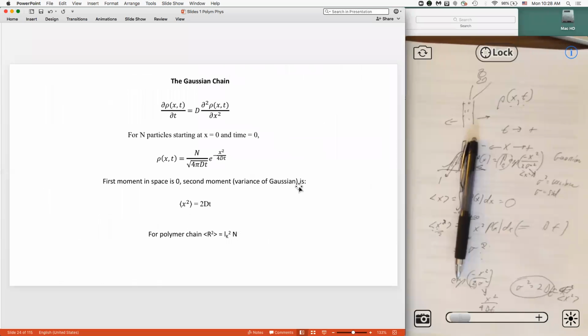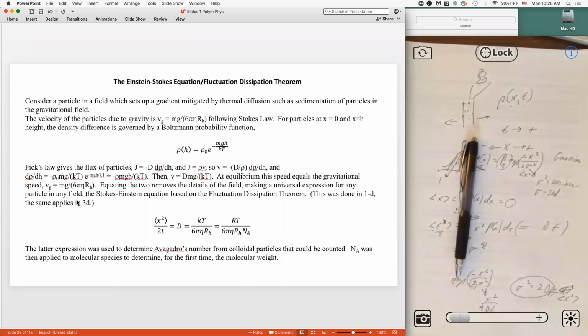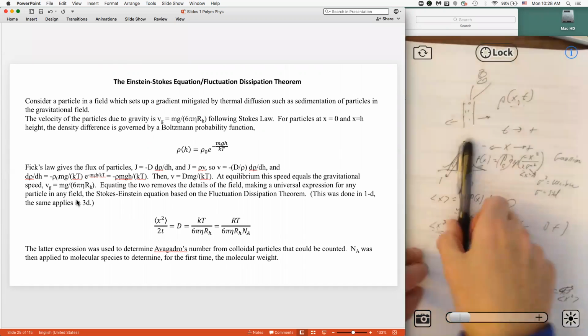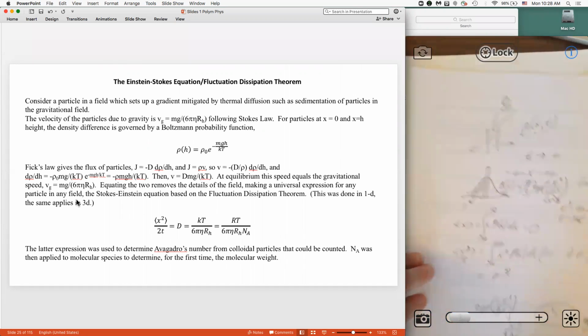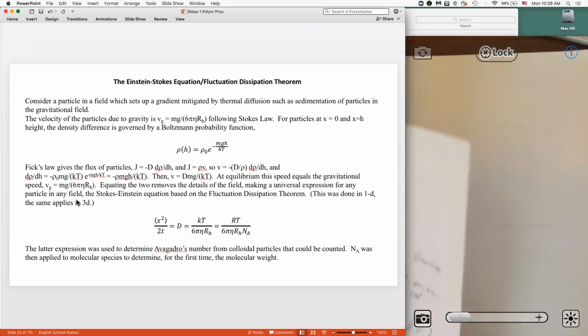And then the second part is going to involve applying a field to this particle. I have this all written out, but I lost the page.